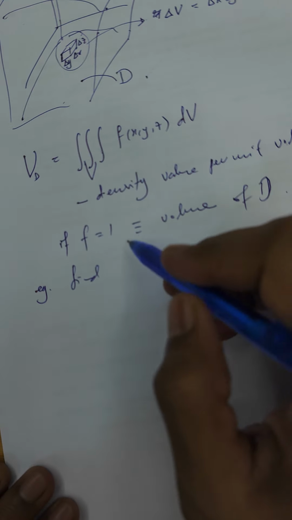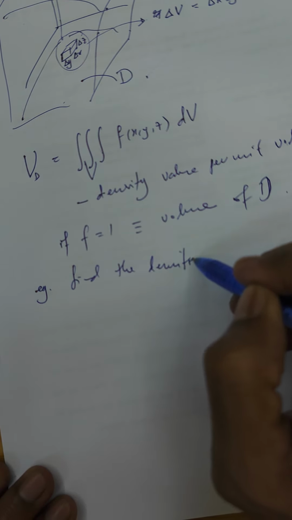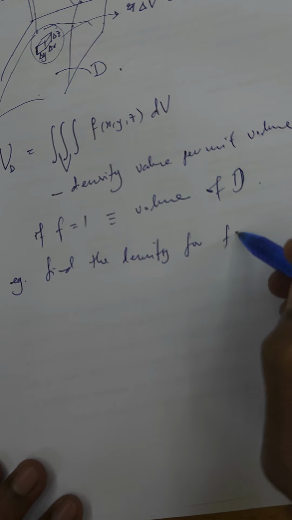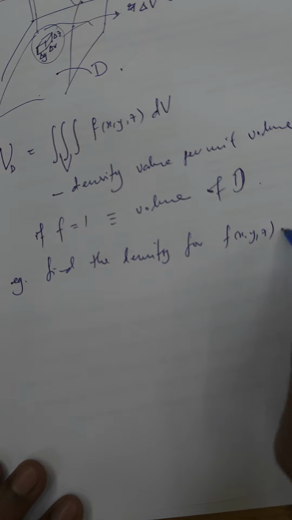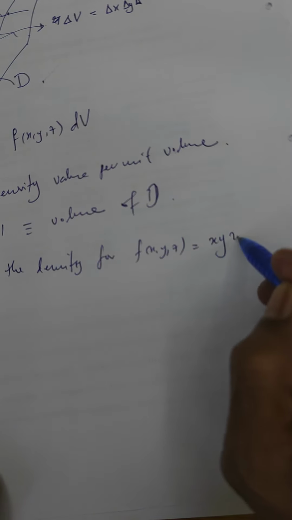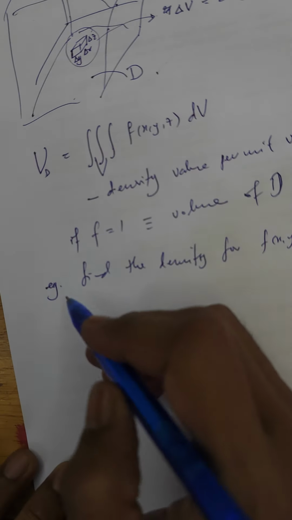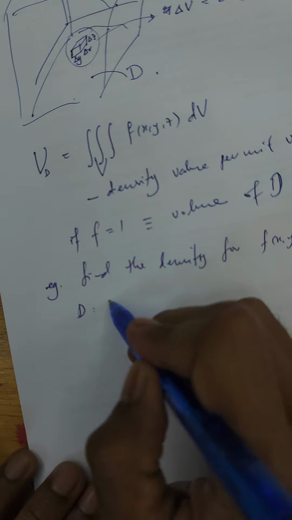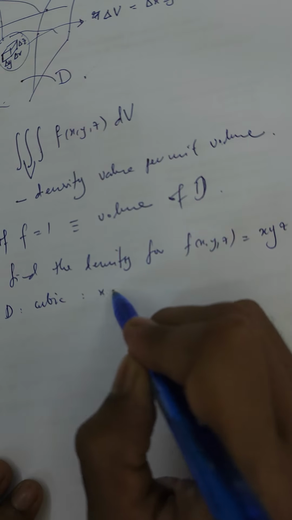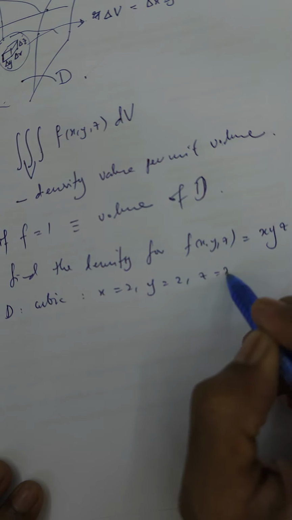So let's say, example: find the density for the function f(x, y, z) equal to xyz, and D is a cube. We have x equal to 2, y equal to 2, and z equal to 2.